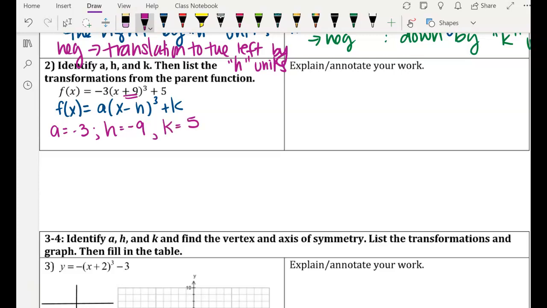Now, since A is -3, this is technically the correct answer for A, H, and K.